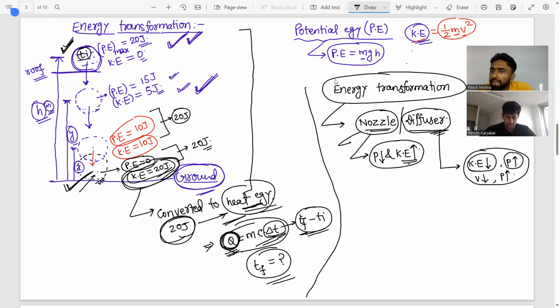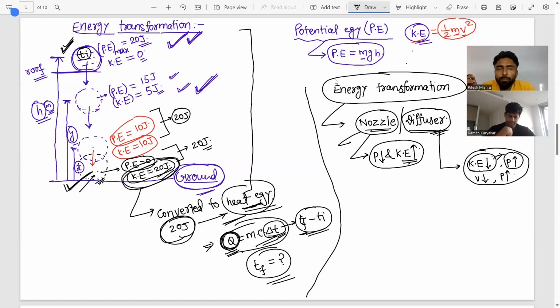In a diffuser, kinetic energy decreases, and by the same amount pressure energy increases. Energy is transformed in nozzle and diffuser. Here no energy transfer takes place, only energy is transformed. So these devices are energy transformation devices.